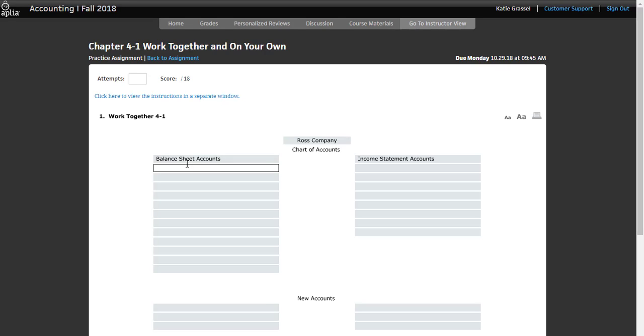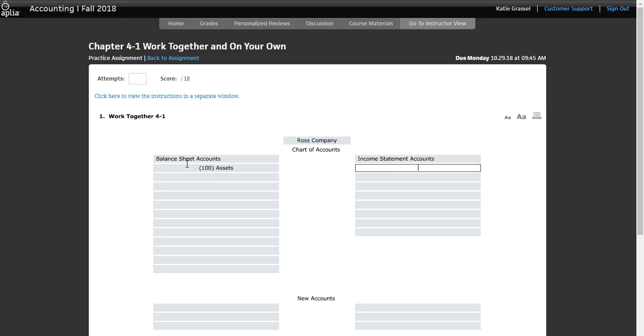So in order for us to put assets down, we have to put in our account number that is associated with it. And all asset accounts are going to be 100, so I'm going to put left parenthesis 100, and then put in the word assets, because that's just going to remind us that all asset accounts start with 100.